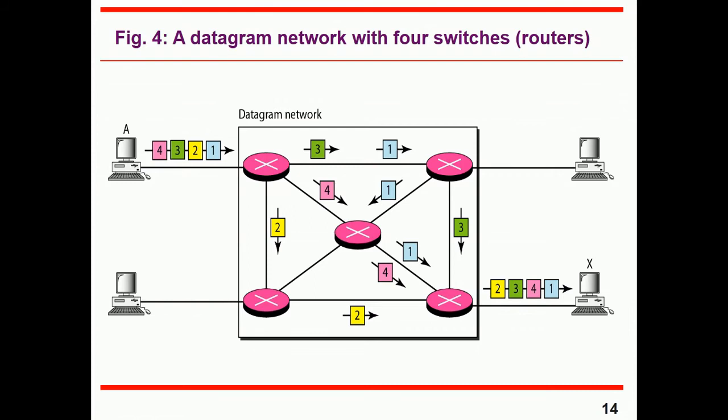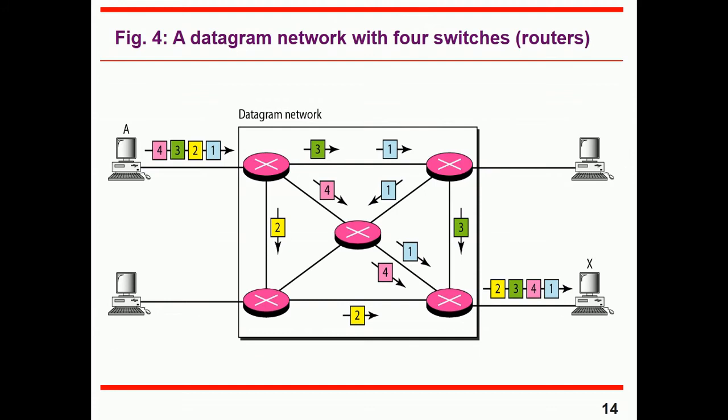When the first packet reaches the first switch, based on the current traffic and delay, there are so many factors, the router switch decides which packet has to be sent in which direction. So packets 1 and 3 are sent to another switch, packet 4 is transferred to the second switch, and packet 2 is transferred to the third switch, and they follow different paths due to congestion or some other issue.